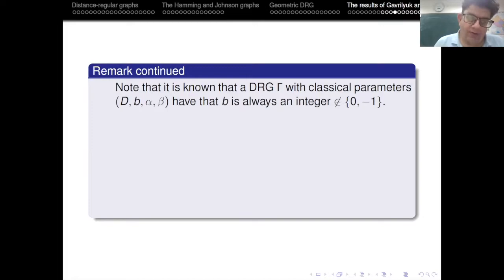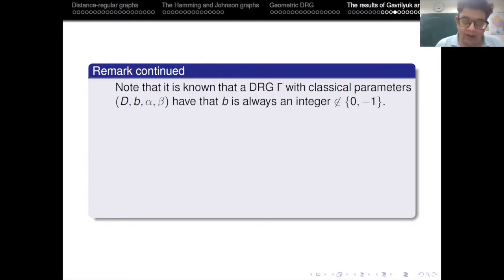So it is known that a distance-regular graph gamma with classical parameters D, B, alpha, beta has that B is always an integer, not equal to 0 or minus 1. On the first day, I classified the ones with classical parameters with B equal to 1, at least the ones with a quadrangle, because they will have the last eigenvalue equal to b1 minus 1.